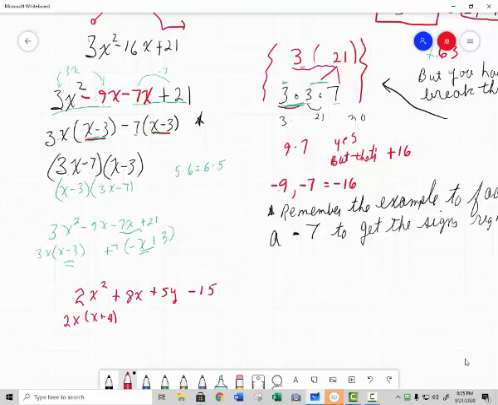If I take a 5 out of this one, I'll have 5 times y minus 3. And what I want you to see is I don't have anything in common. Doesn't fit. Okay? This is not going to factor, so we're going to call this one prime.